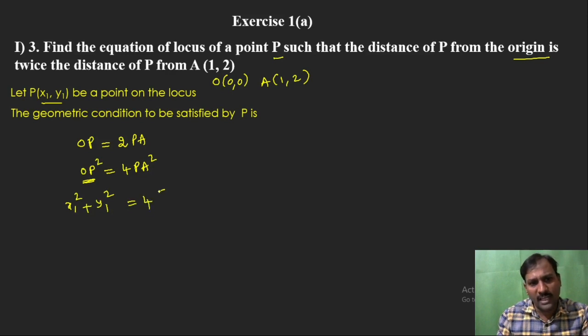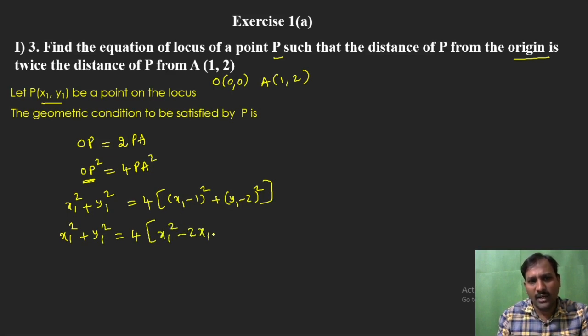So 4 into what is PA square? The distance between P and A, that is (x1 minus 1) whole square plus (y1 minus 2) whole square. Now simplify this. x1 square plus y1 square is equal to 4 into (x1 minus 1) whole square, that is x1 square minus 2x1 plus 1, plus (y1 minus 2) whole square, that is y1 square minus 4y1 plus 4.